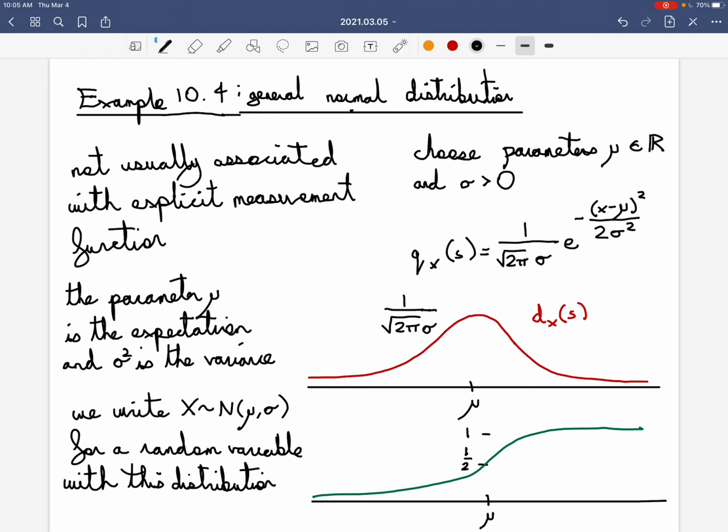So in scientific applications of probability, it's often important to adjust the parameters of your distribution based on information you have about the specific empirical phenomenon you're observing.